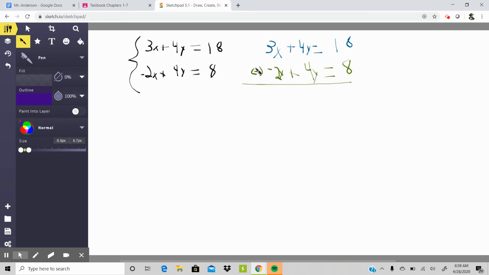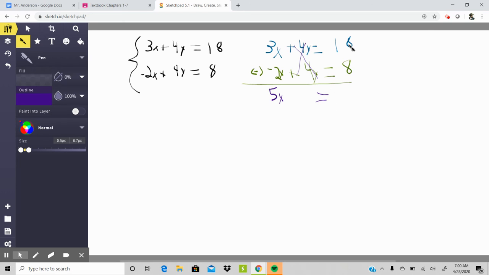So you got to remember this is subtracting a negative. Subtracting a negative is like adding a positive. So 3x minus negative 2x is just like 5x. All right, and then 4y minus a positive 4y. Well, 4 minus 4 is 0. Hey, when we subtract them away, these zero out when I subtract them away.